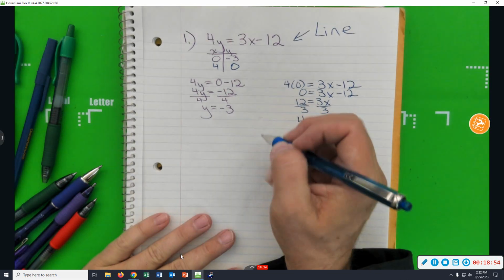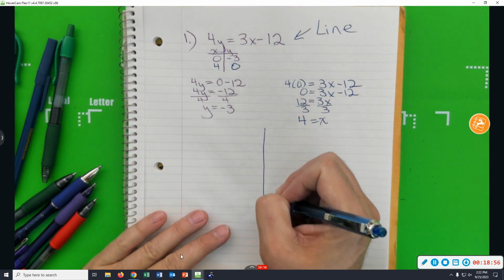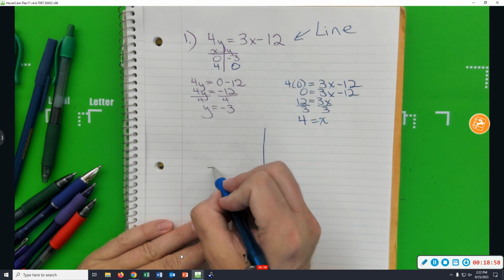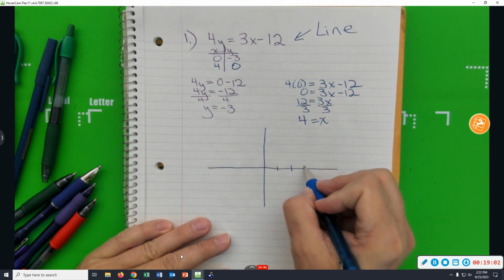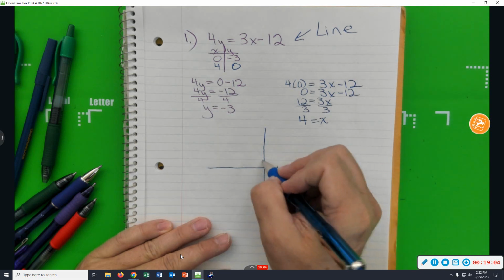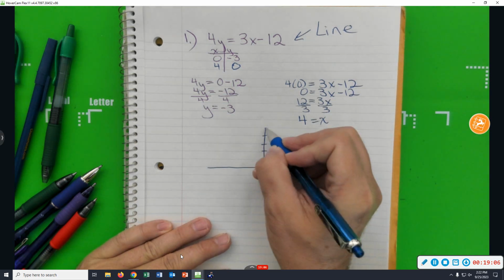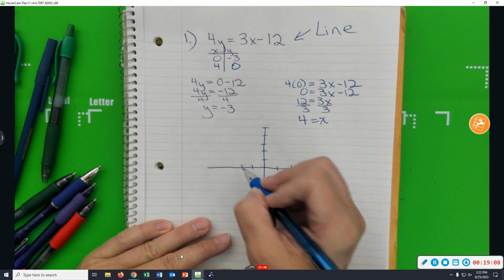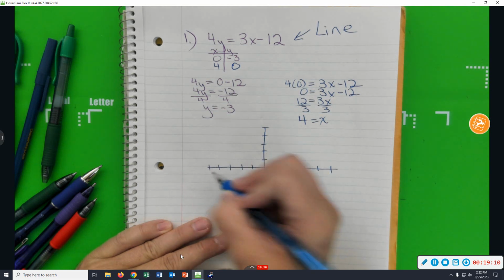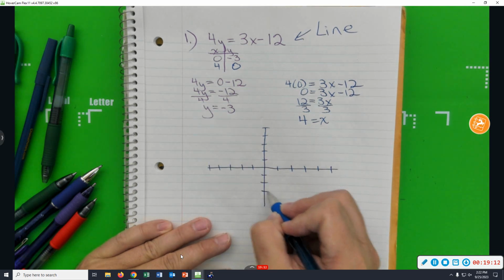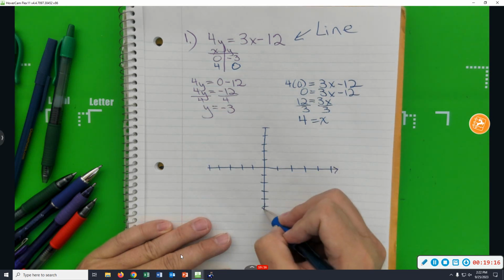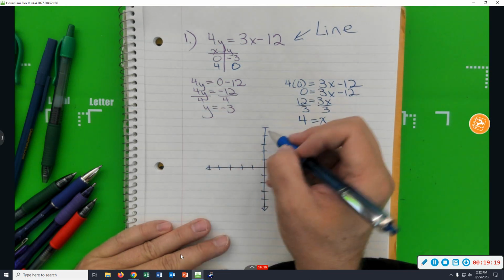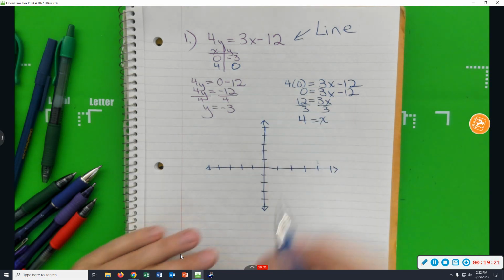So I'm going to draw myself a little XY grid.